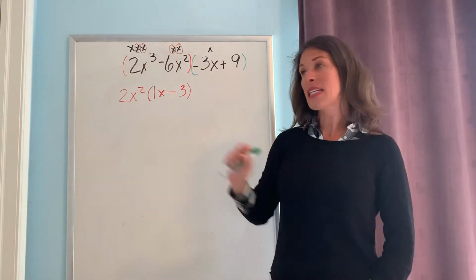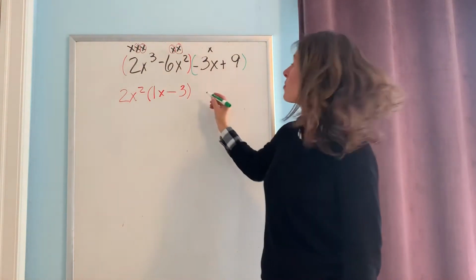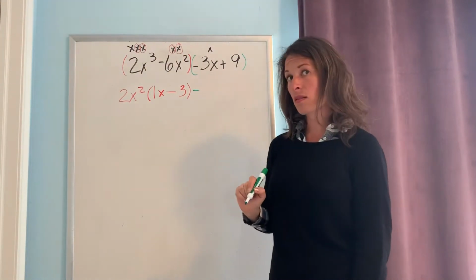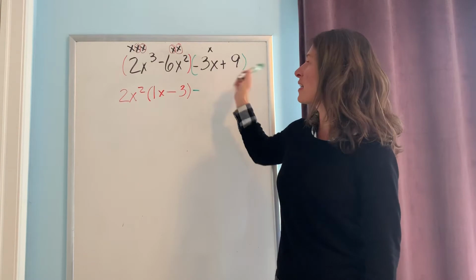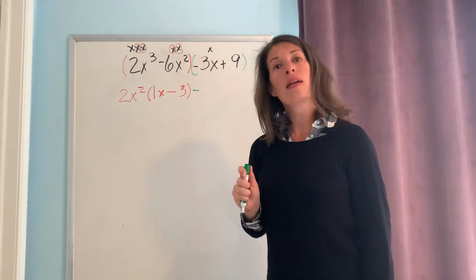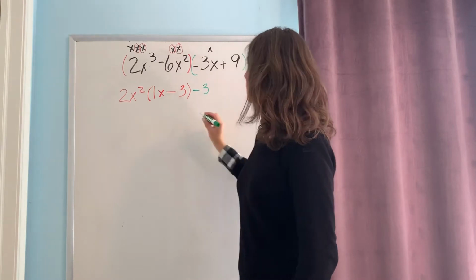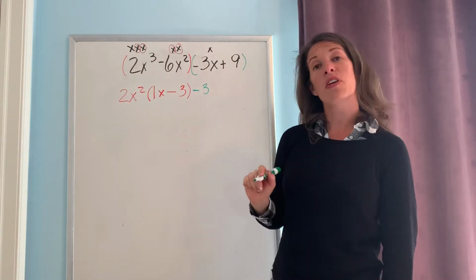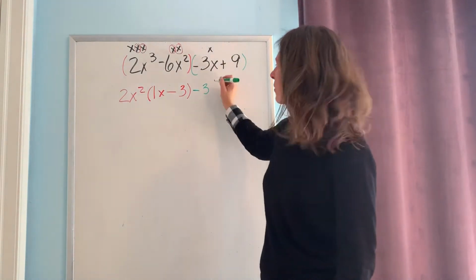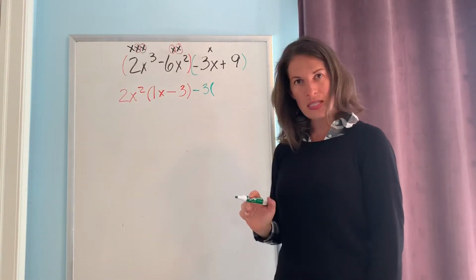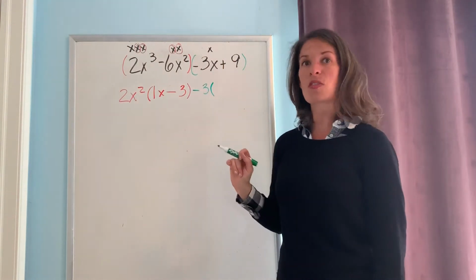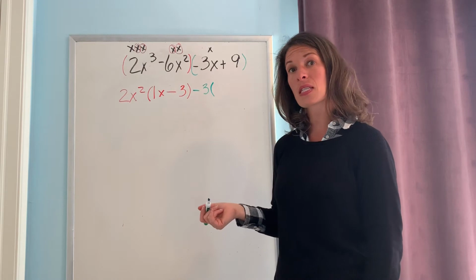Now, I have a minus sign in front of this 3, which means this is going to be minus. I'm going to figure out the highest factor between 3 and 9. And if I look at my factor sheet, that's going to be a 3. I do not have an x in both terms, which means I cannot take a variable out. So I'm going to start my parentheses. I have 2 terms, which means I need 2 terms inside my parentheses.